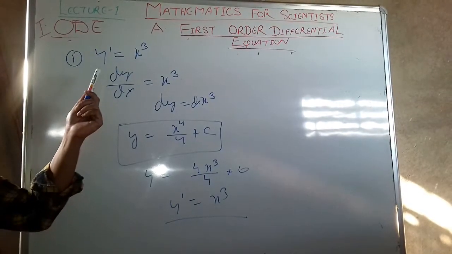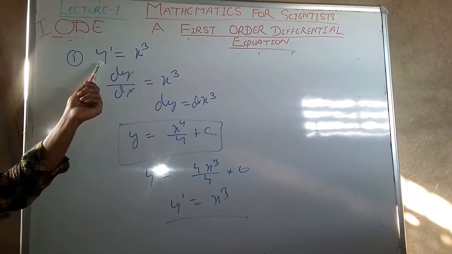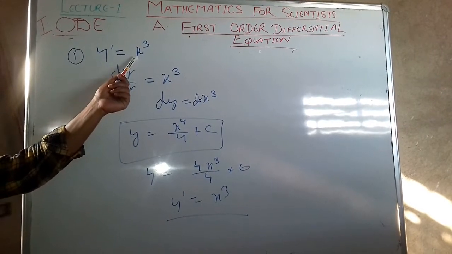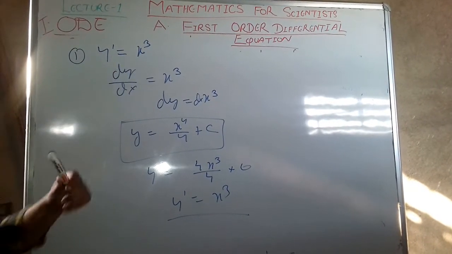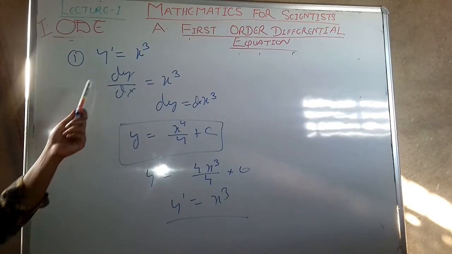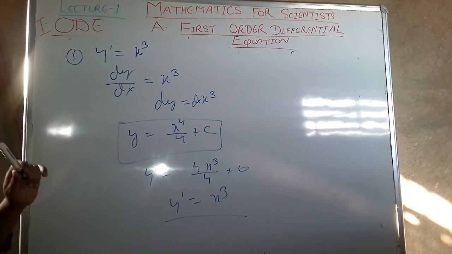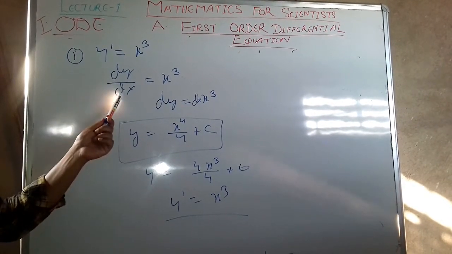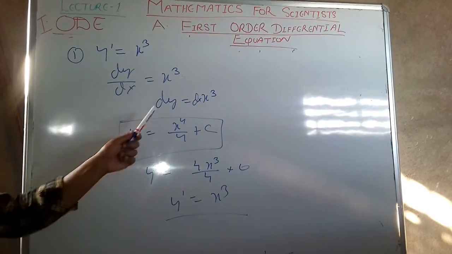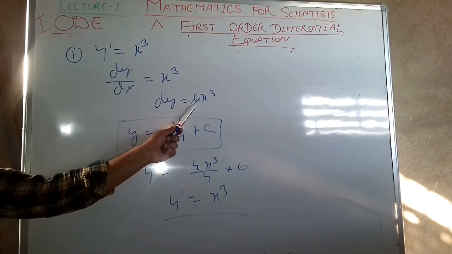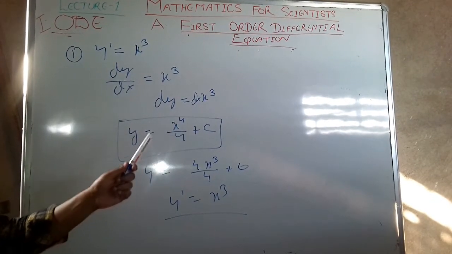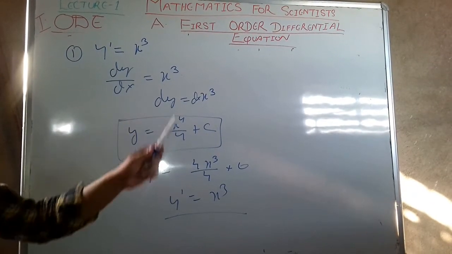Now suppose there is a derivative of y which has the value x to the power 3. From this we have to find the function. So dy/dx = x cube. It means dy = x cube dx. What do we do after that? We integrate.